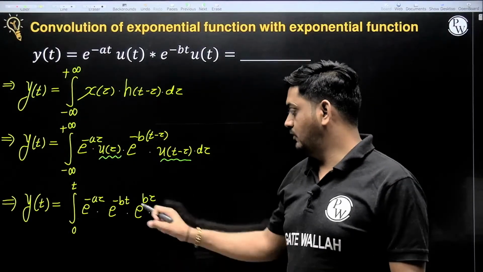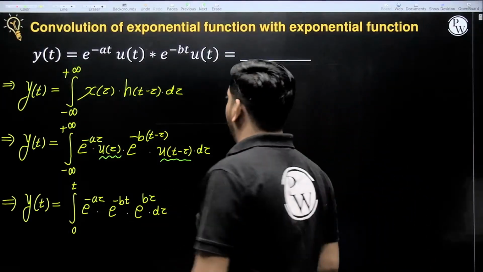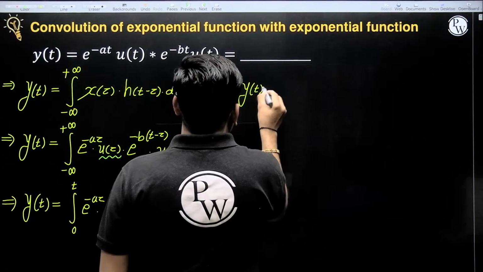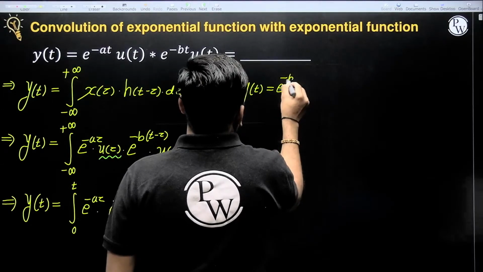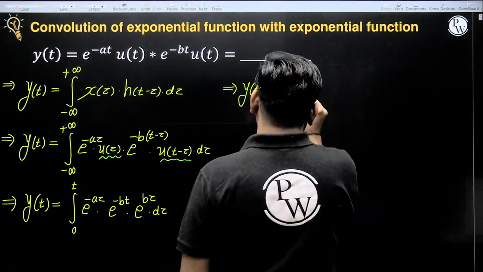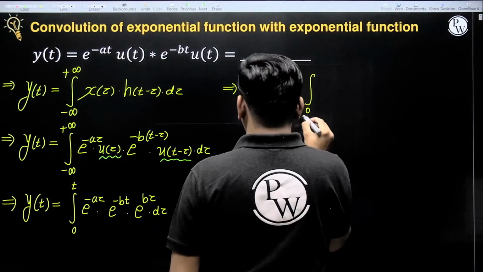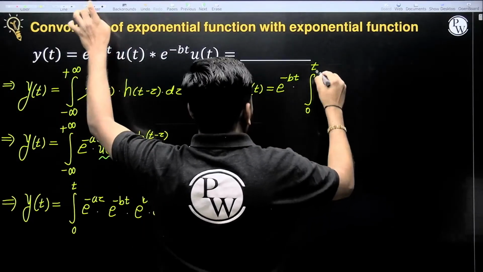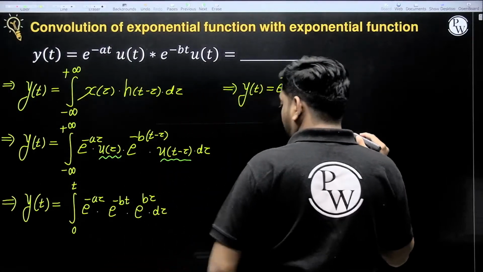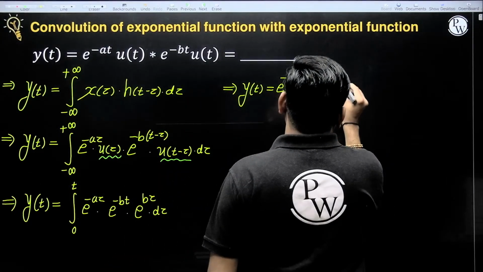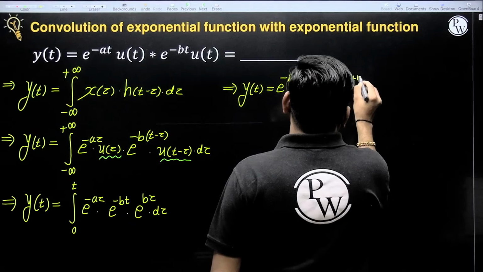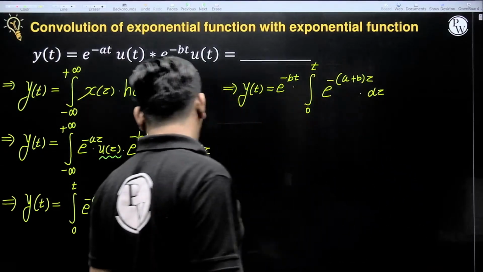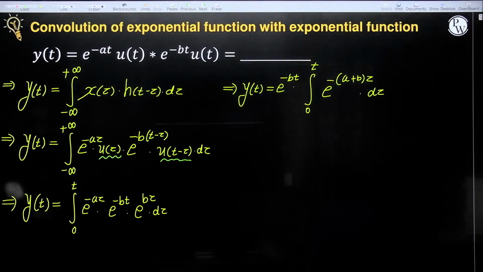With respect to tau, this e to the power minus bt you can take outside the integration. So y of t will be e to the power minus bt, integration 0 to t, e to the power minus (a minus b) tau d tau, correct?